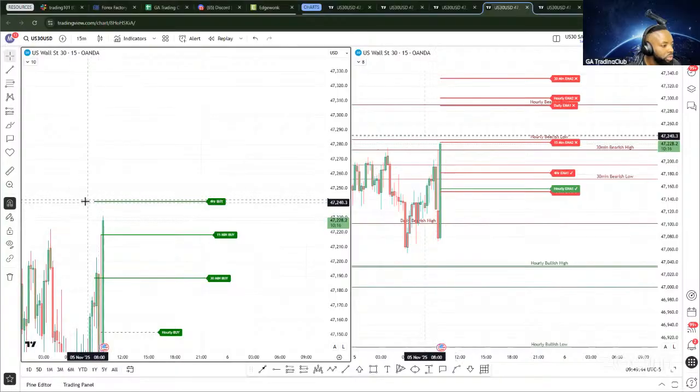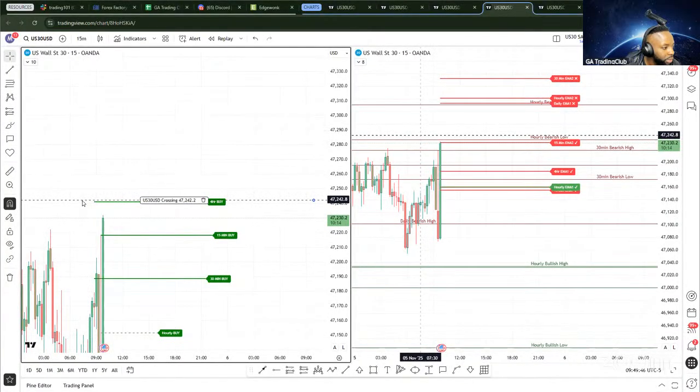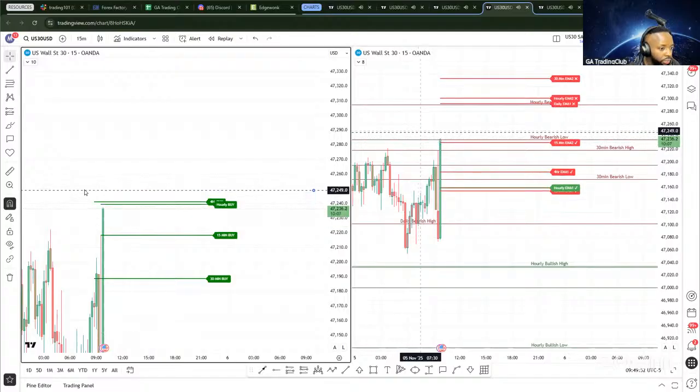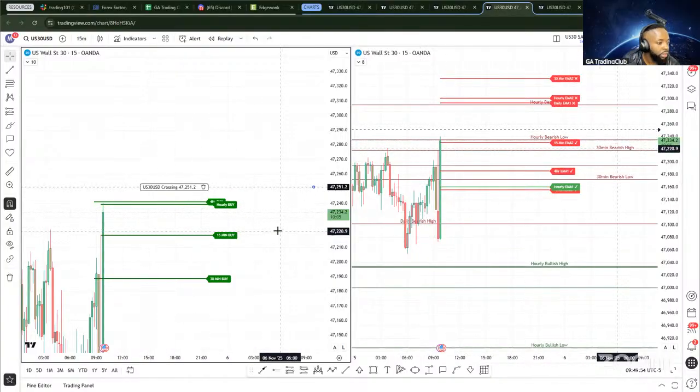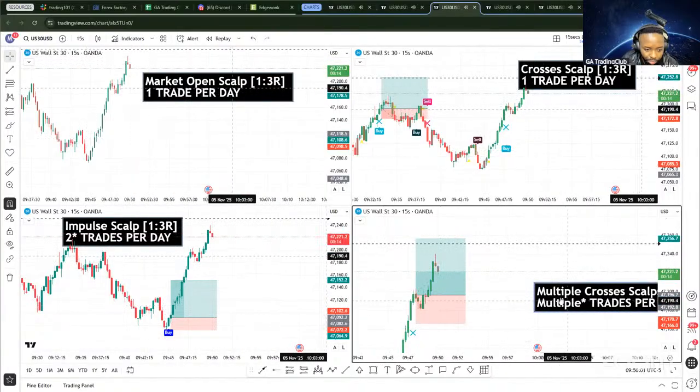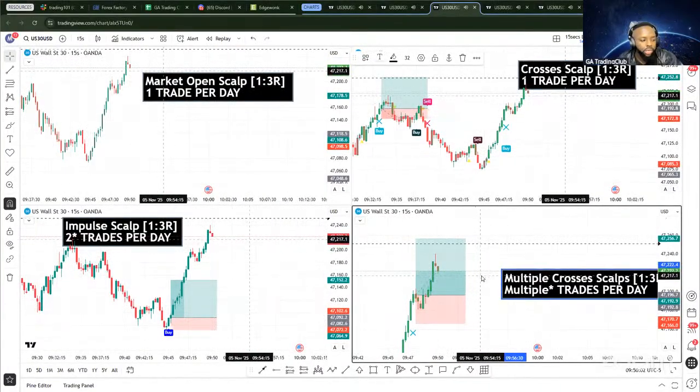All right, so we have a SAR up here, 41, 51. All right, so let's see here. I want you to observe this. Observe this multiple crosses, it's still going, right?